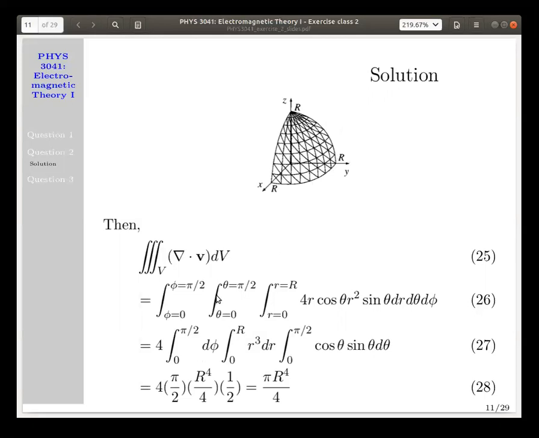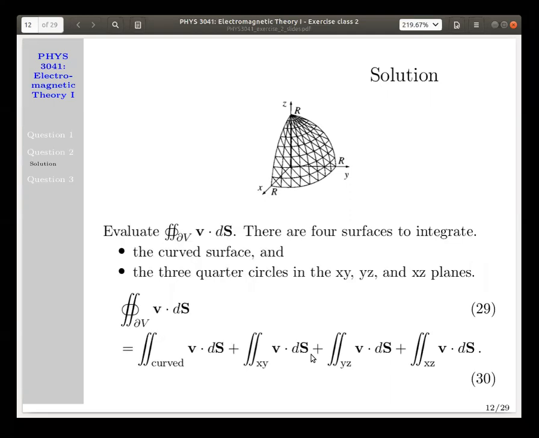Then we can do the integration separately. The phi part gives you pi over 2, the r part gives you r to the power 4 over 4, and the theta part gives you 1 over 2. Combining them together, you get pi R to the power 4 over 4.